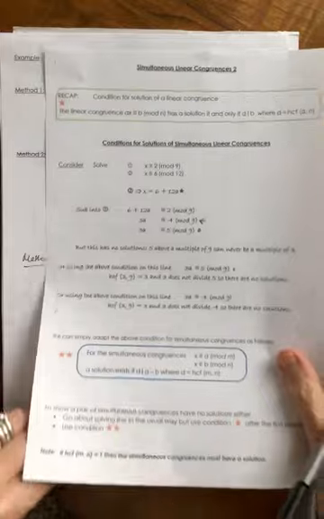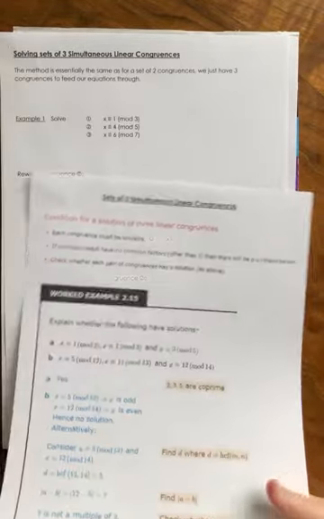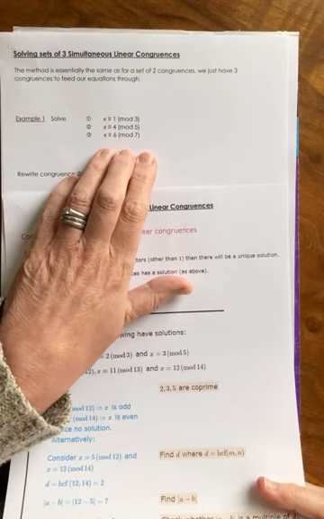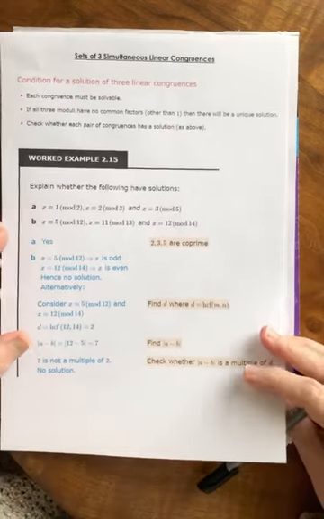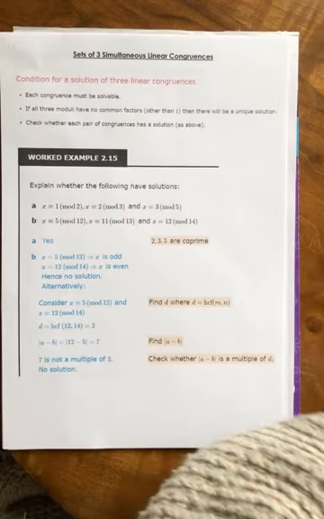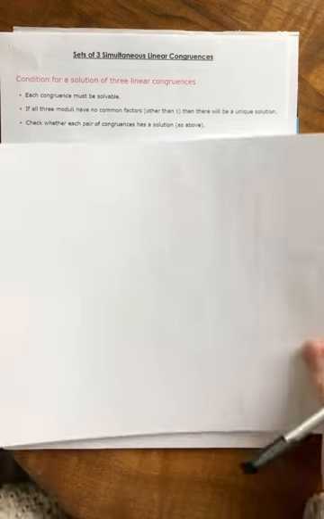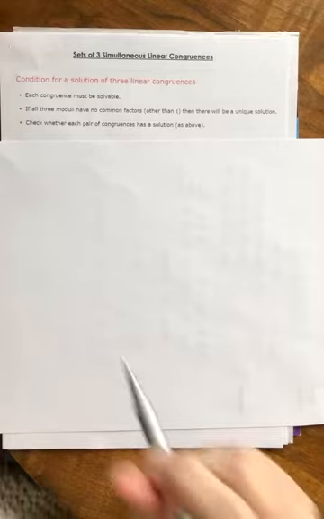Okay, now sets of 3. Now we are going to be solving sets of 3, but just while we're talking about it, I want us to discuss the conditions. So it's a little bit messier with 3. Firstly, each individual congruence must be solvable.